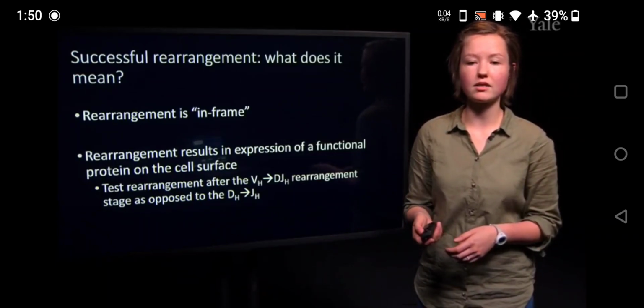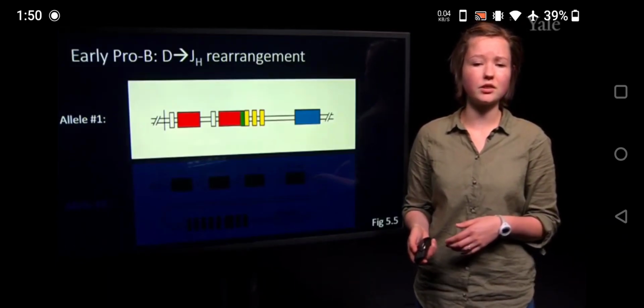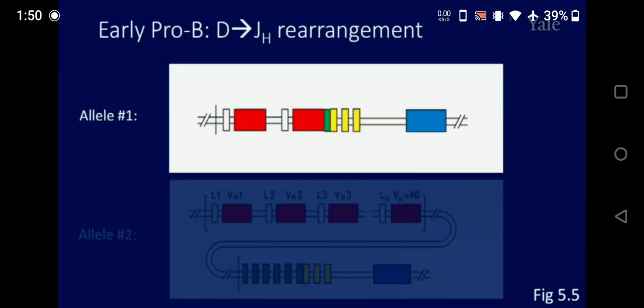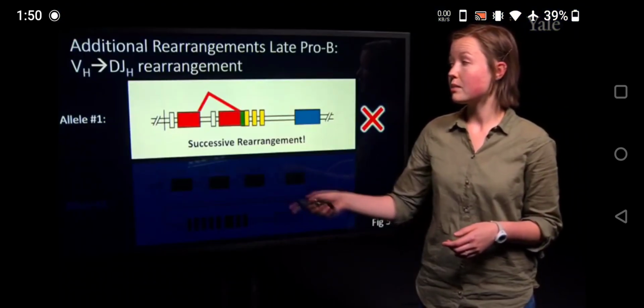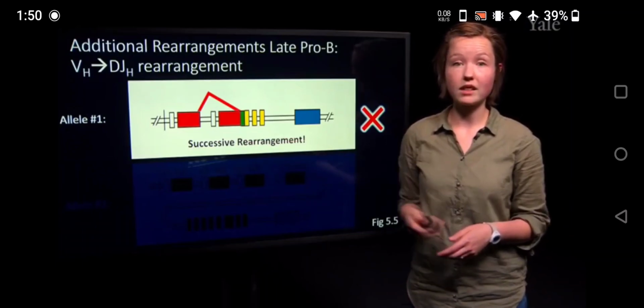So moving back to our allele 1, if the recombination event is unsuccessful, meaning that the recombination is out of frame, then this allele will have another chance to undergo rearrangement called successive rearrangements. And the reason that this allele is able to do so is because there are multiple V segments under which recombination can occur.